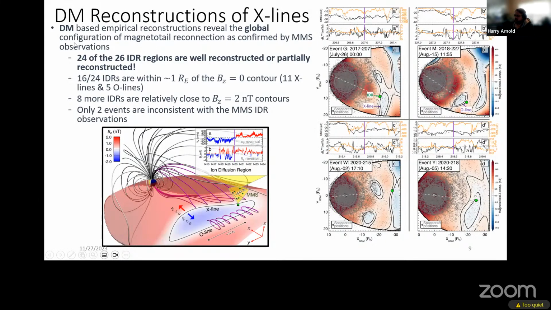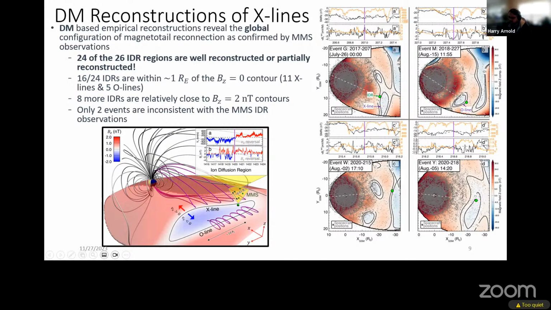And finally, just a final note about these data mining reconstructions. You might be saying like, okay, all well and good, but how accurate are these data mining reconstructions really? And I think a very good illustration of the power of these reconstructions is in this comparison between data mining reconstructions with their X lines and O lines and MMS observations of ion diffusion regions.